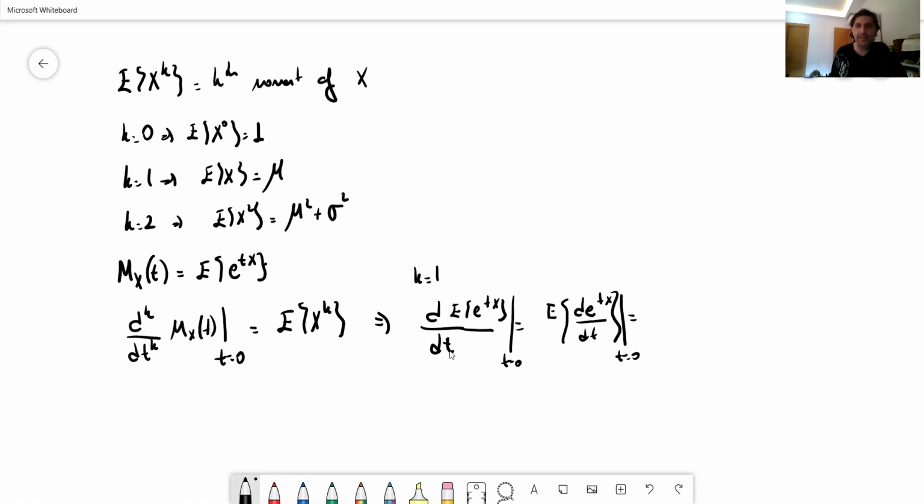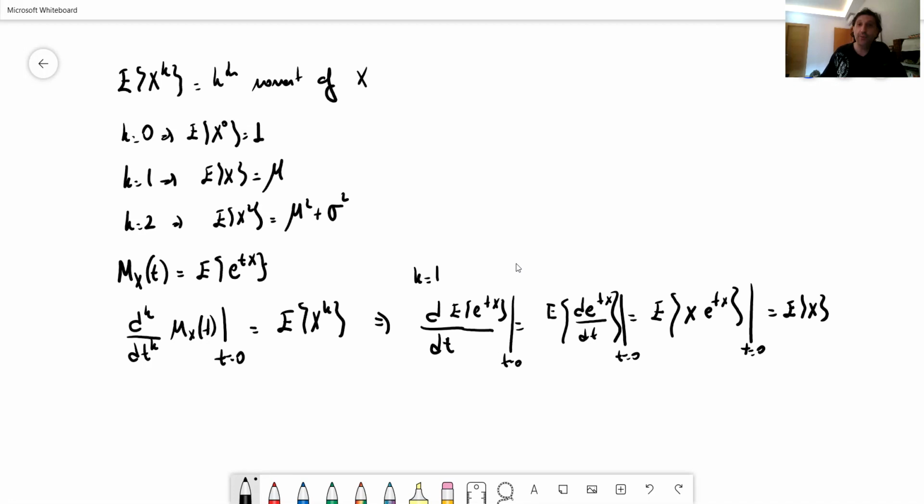Let's not forget these. All right, when we take the derivative with respect to t, it's going to be equal to the expected value of x times exponential tx evaluated at t equal to 0. When you put t equal to 0, you have x here. So if you just use this for different values of k, higher orders, you are going to obtain this result.